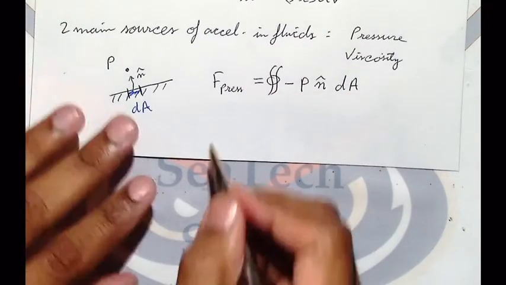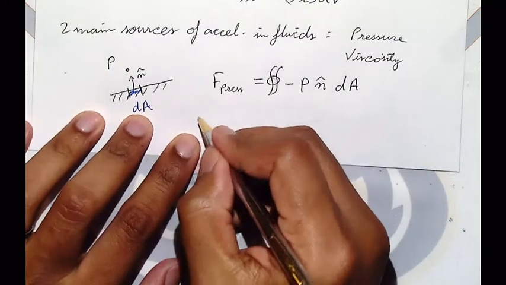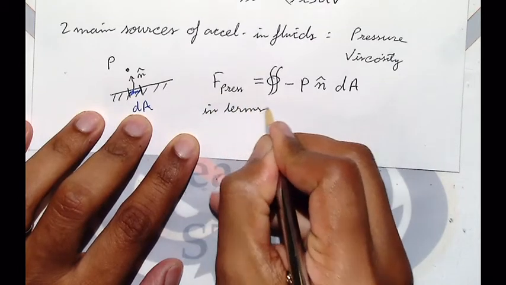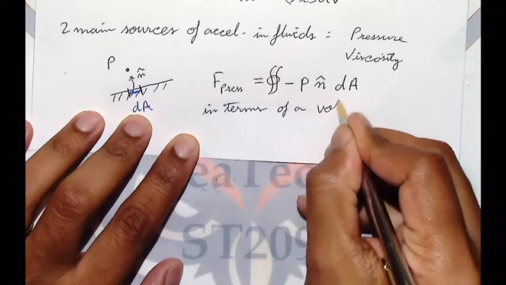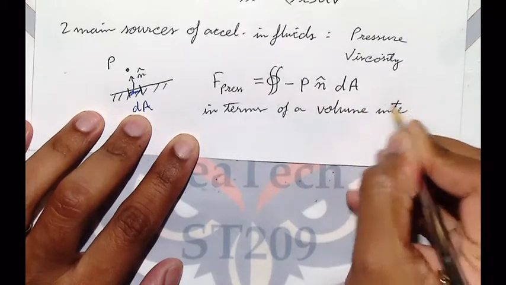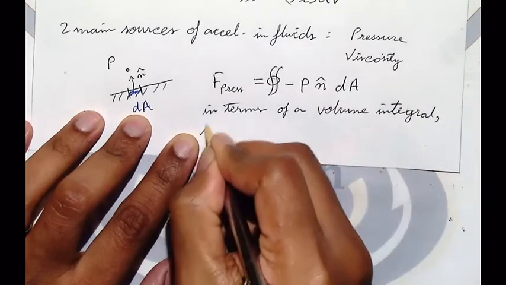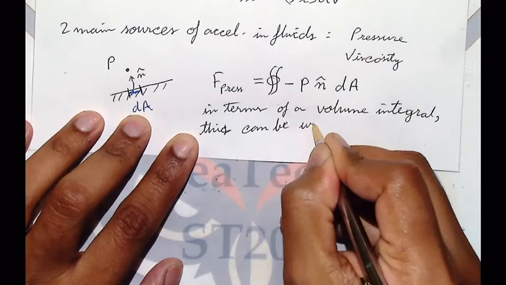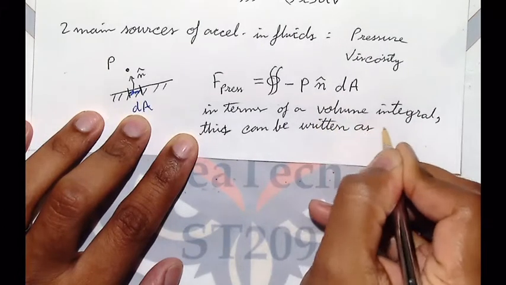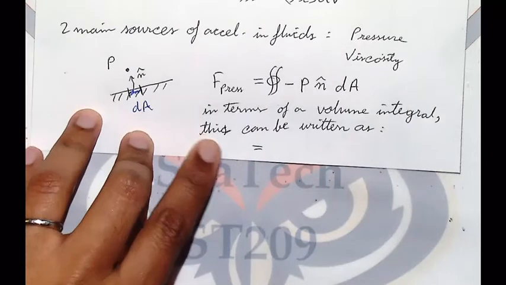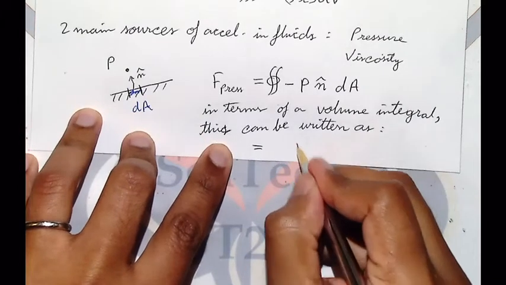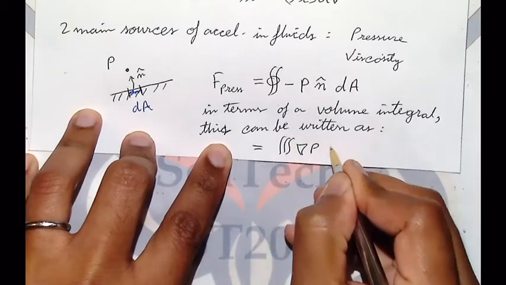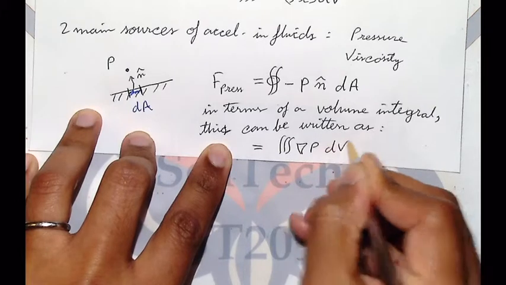In terms of a volume integral, this can be written as the gradient of P, integrated over dV.